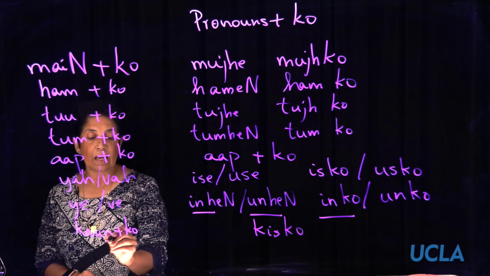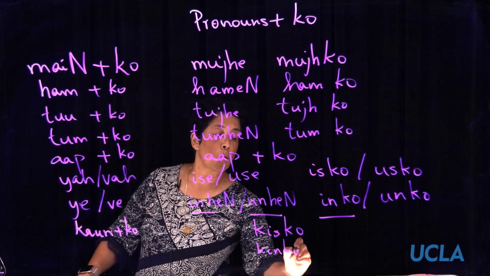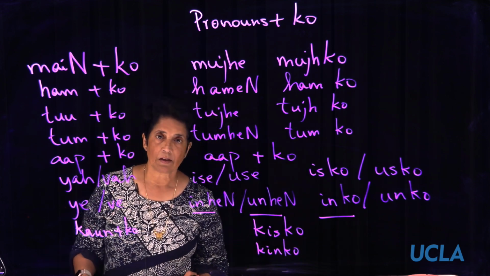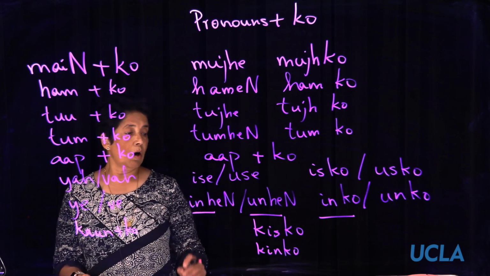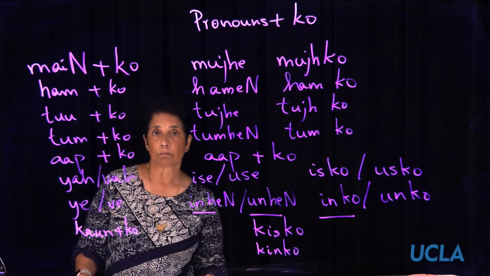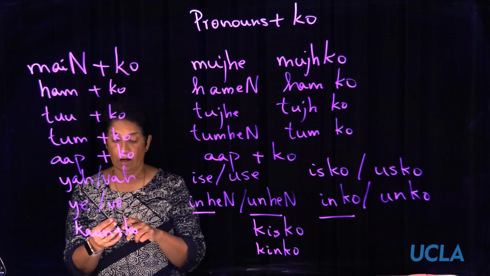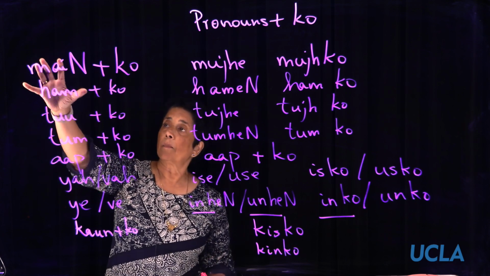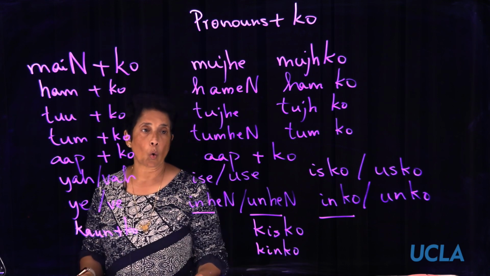And finally, plural form will be kin ko, who all, okay, or whom all did Mary give the book to, or who all like coffee. Okay, so these are summing up for the forms generated when the pronouns are followed by a ko.